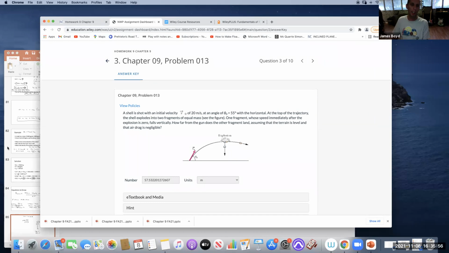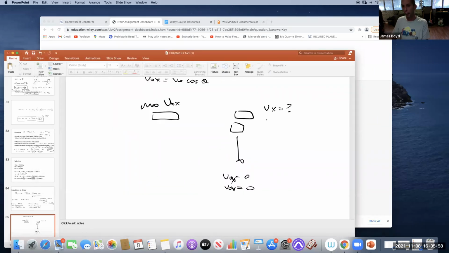Okay, so Vx is, if we have the initial momentum is m1 plus m2 times v naught cos theta, and then afterwards we only have m2, because m1 fell straight down, times v final.